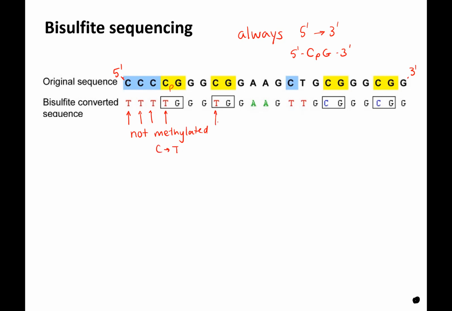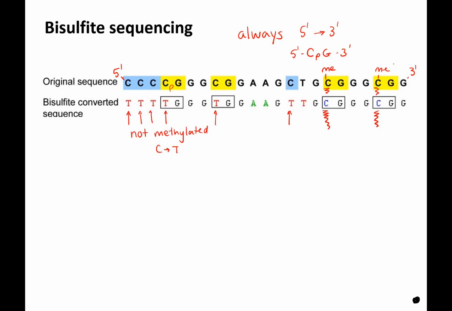And the same for that cytosine, and the same for this cytosine. But when we come down here, we see this cytosine and this cytosine remain in the sequence. So they're in the original sequence and they're in the bisulfite sequence, which means that these guys were the ones that were methylated.